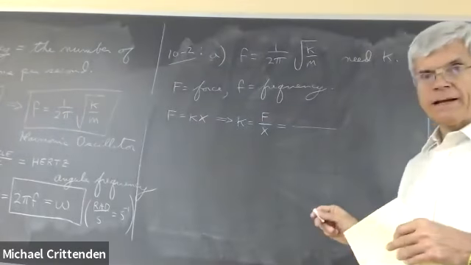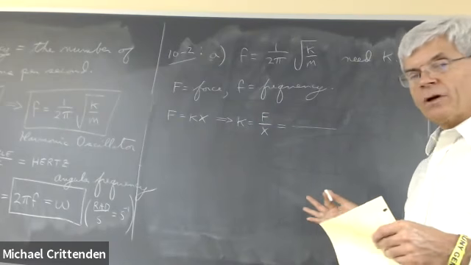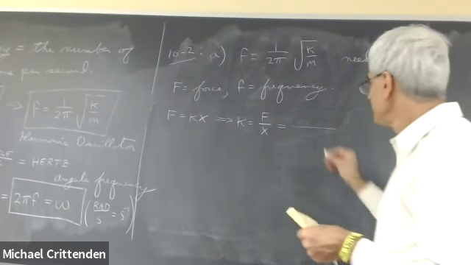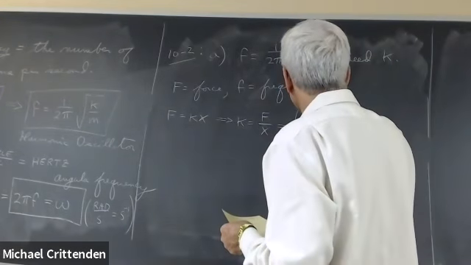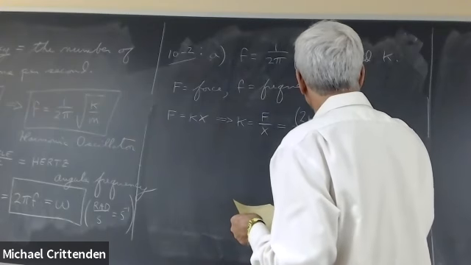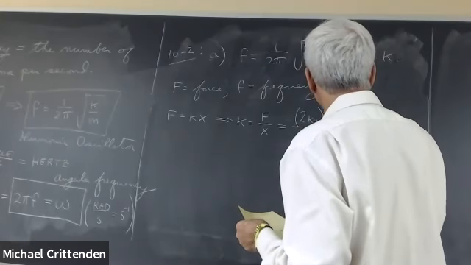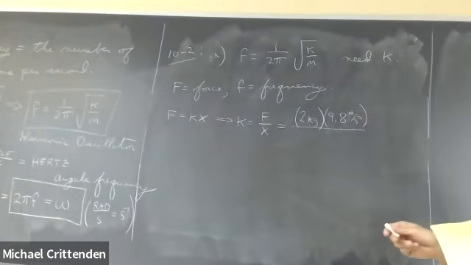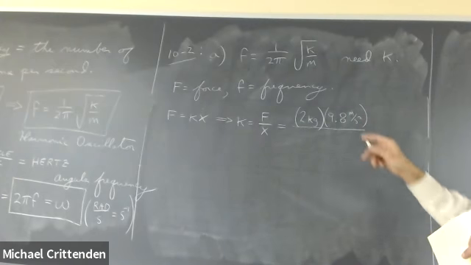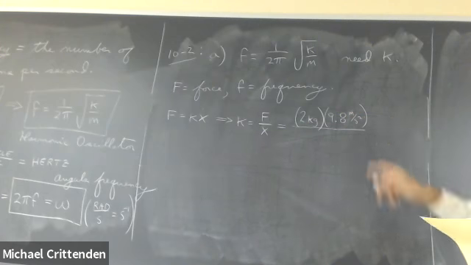Now, hopefully by now, I mean, this is the 10th week of the course, you aren't making that mistake about weight versus mass. The amount of weight hanging on the end of that spring when you let it hang vertically is 19.6 newtons, not 2 kilograms.